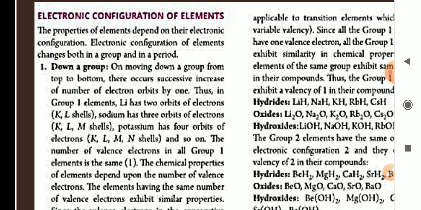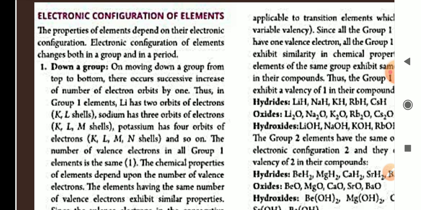Like lithium 2, 1, with orbits K and L. If you go to boron, 2, 3. Likewise, all have two orbits in their electronic configuration. They are placed together in a single period, that is period 2.